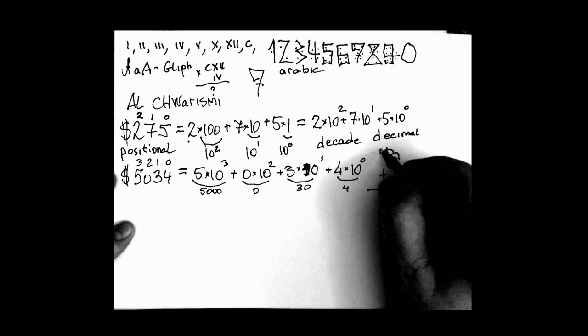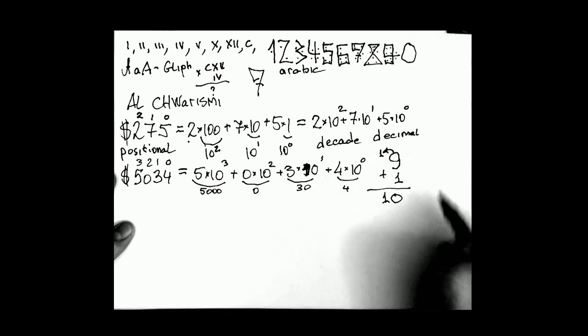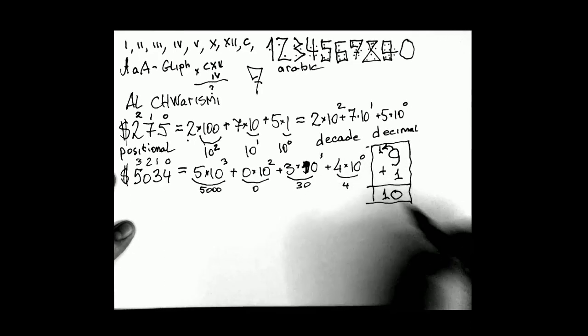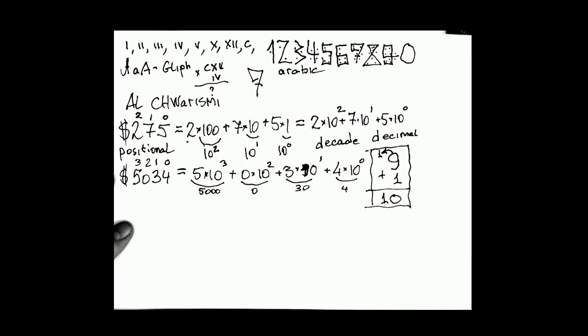That will be carrying, and that will be 1, 0. That is the rule for addition, folks, which actually works with multiplication and other actions in arithmetic. Let's remember that.